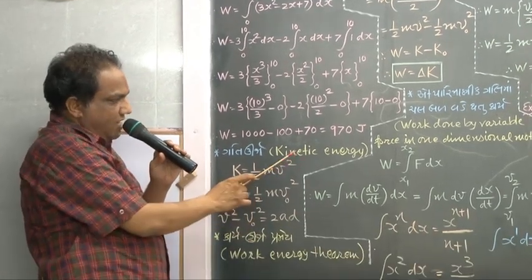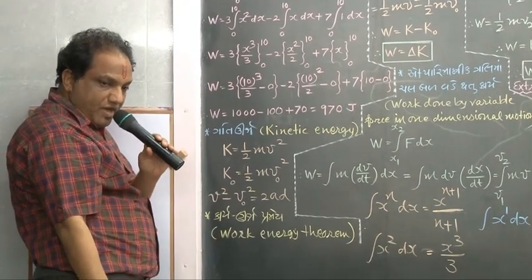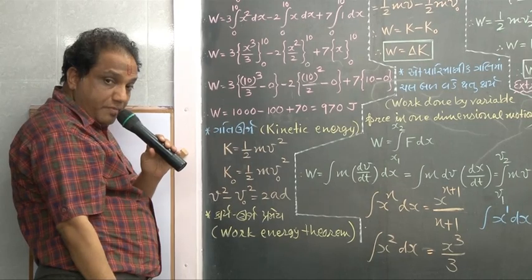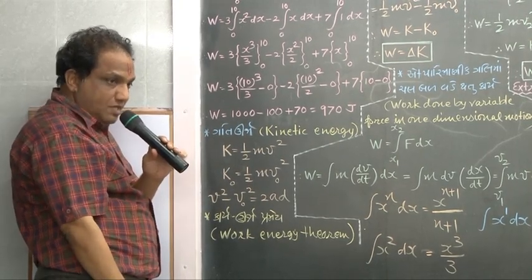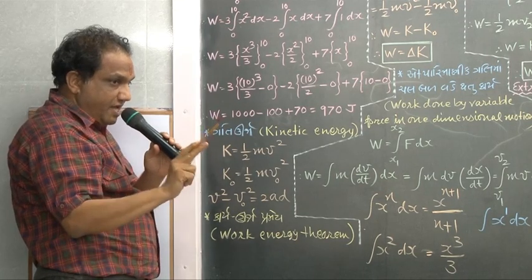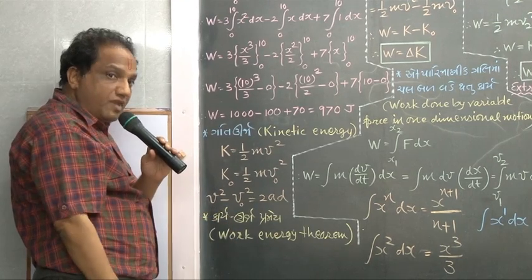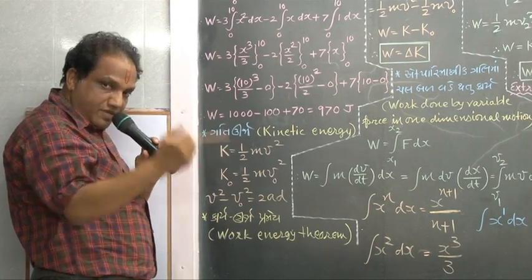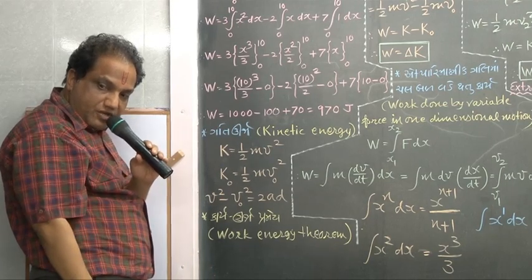We talk about kinetic energy now. When is a body said to be possessing some energy? Whenever any body has some capacity of doing work, we say that body has some energy.